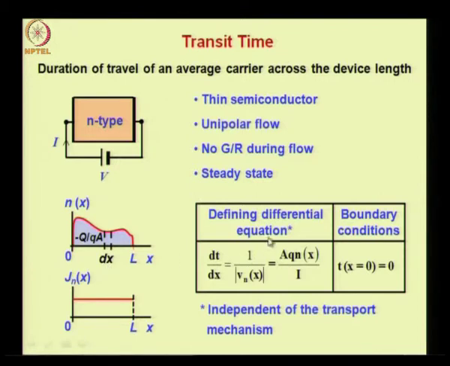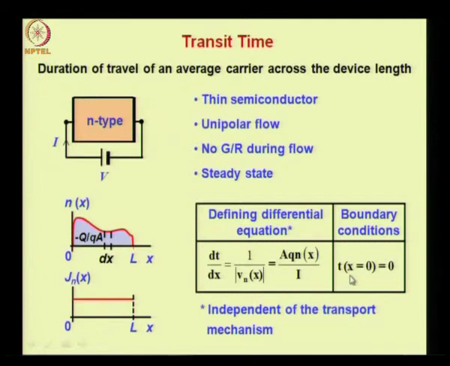So the defining differential equation here is the time taken dt to travel a distance dx in the device, and dt by dx is nothing but the reciprocal of the electron velocity, and we consider only the modulus because we are going to take the time to be positive, and this is equal to A times the charge of the electron times the electron concentration at x divided by the current, which is constant throughout the device.